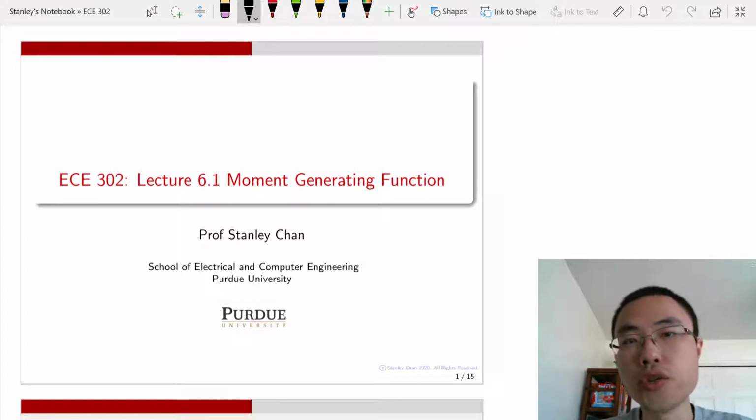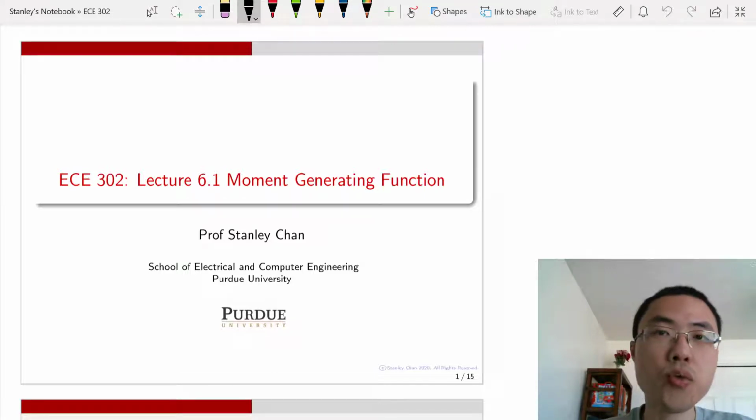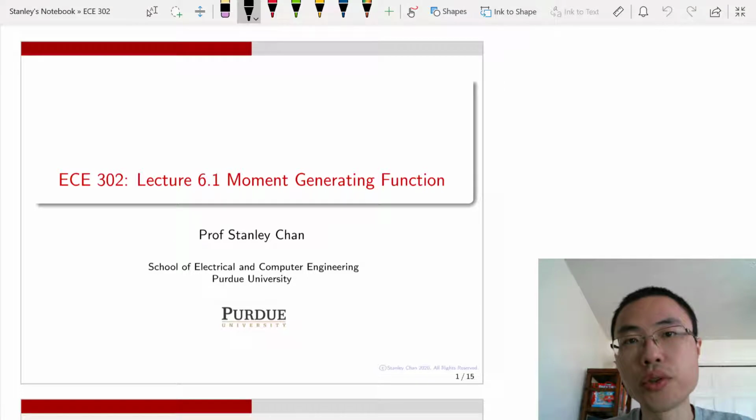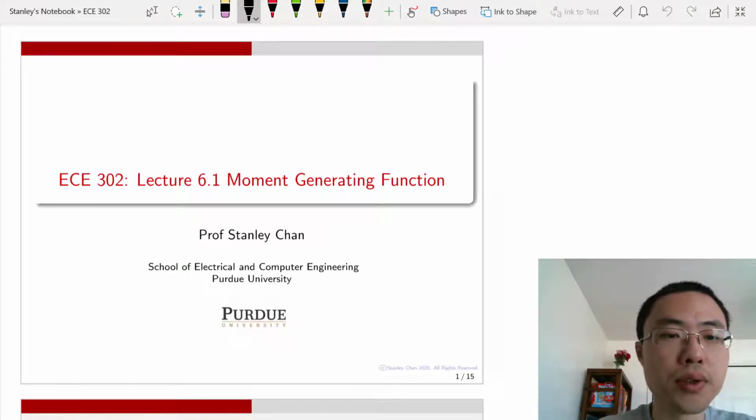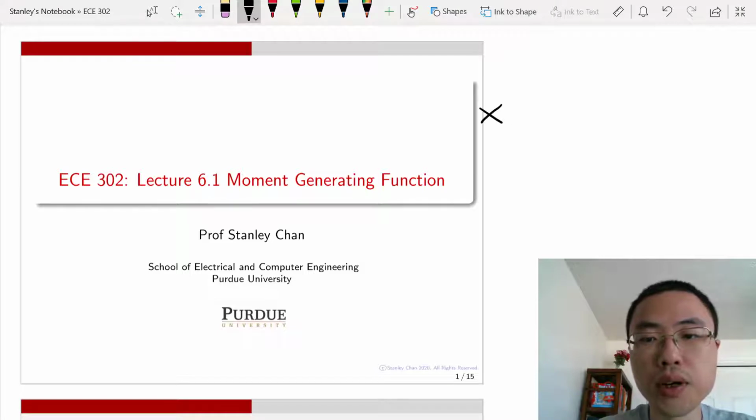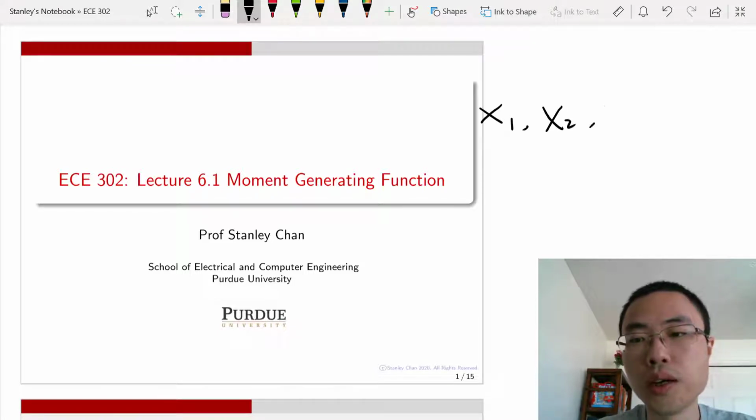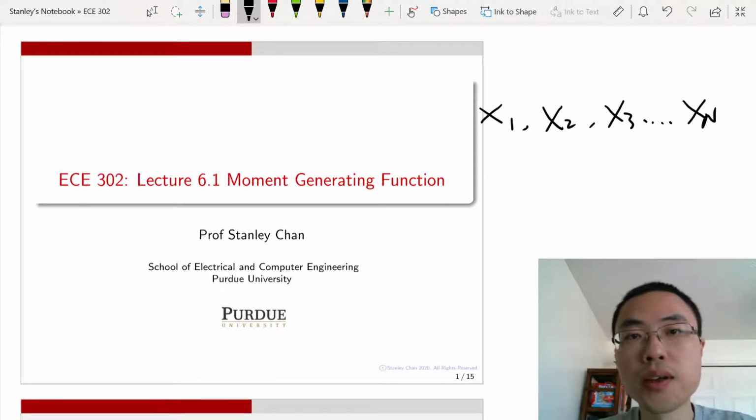We're now starting a new chapter on a sum of many random variables. We need some mathematical tools to handle the situation. Imagine that we have random variables X1, X2, X3, and so on, and we have a lot of these random variables.